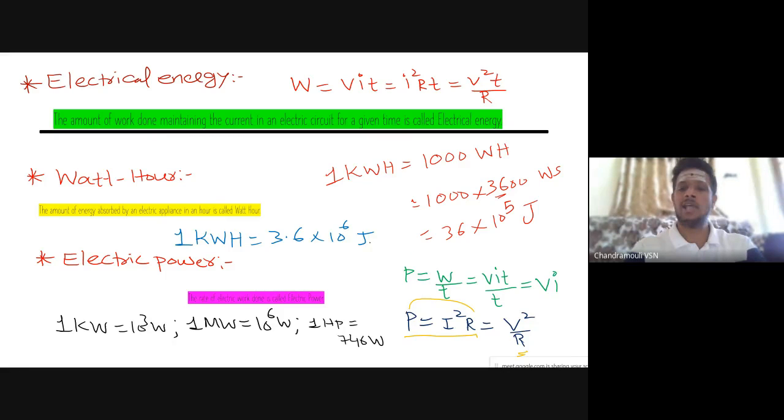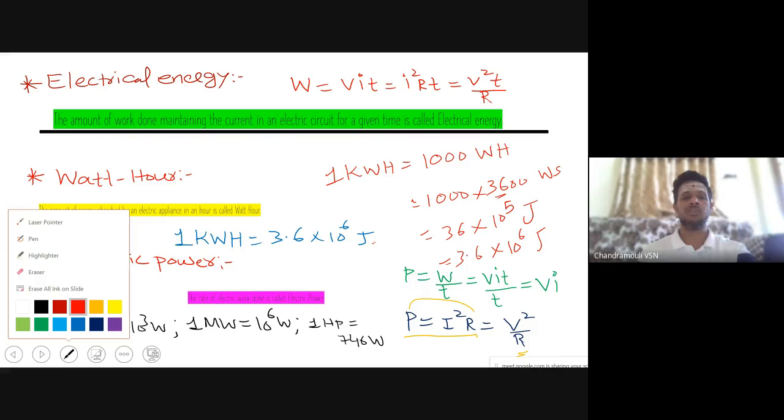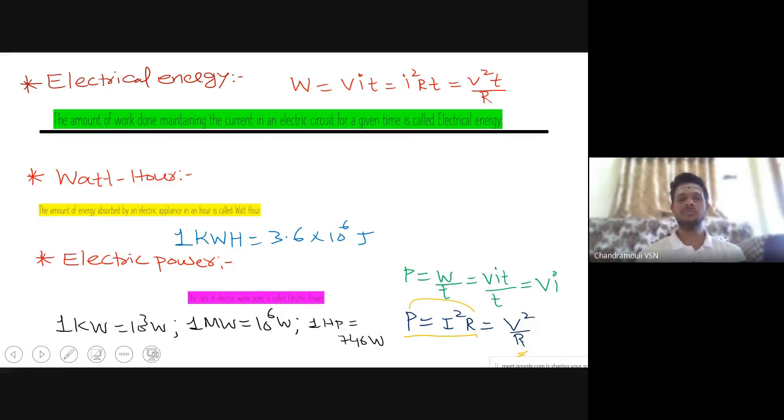So I can write it as 3.6 into 10 power 6 joules. Therefore, 1 kilowatt hour is 3.6 into 10 to the power of 6 joules. Most important.